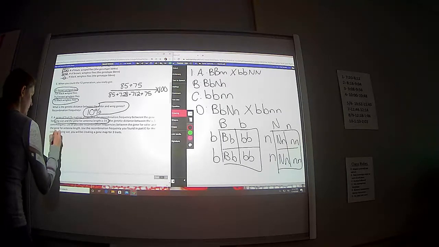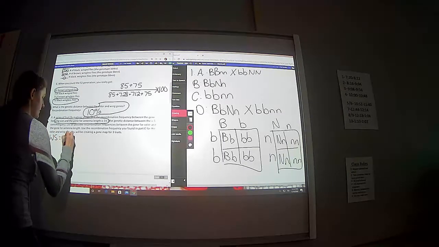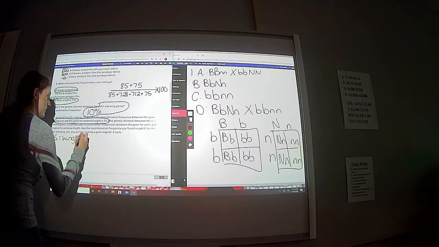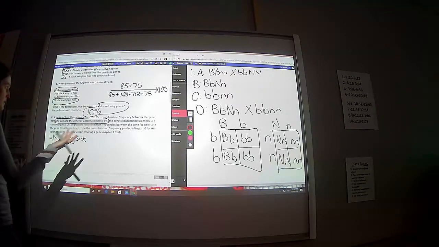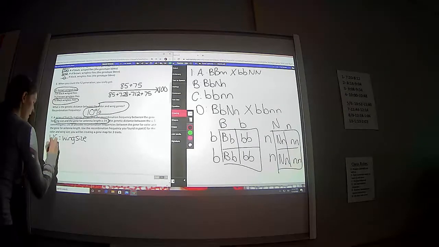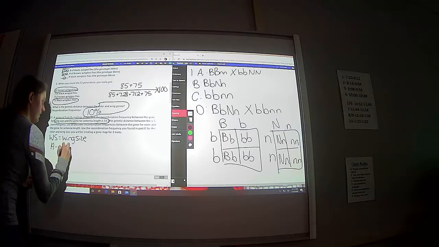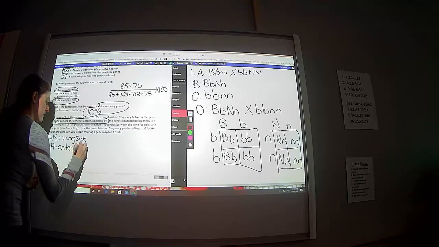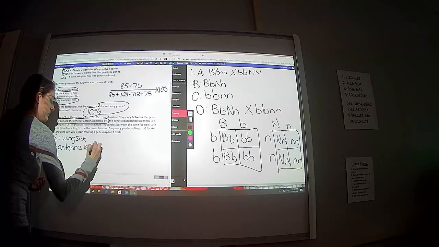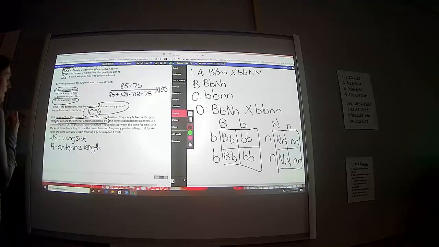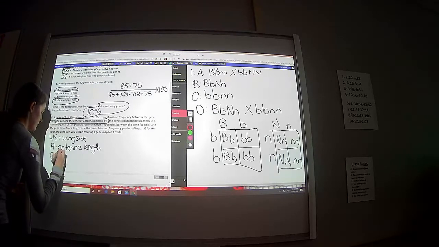I'm just going to put WS for wing size, which is the same as wing genes. A is going to be for the antenna length. And I'll use C for color.